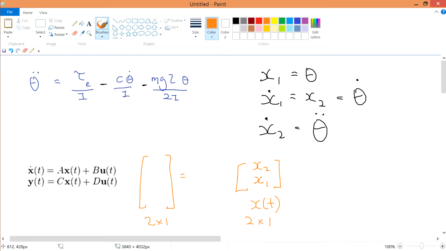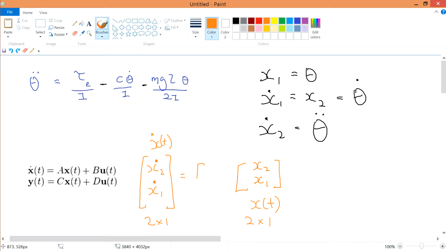So x(t) differentiated one time becomes x dot (t). That's the meaning. If I differentiate x2 one time, I'll have x2 dot, and if I differentiate x1, I'll have x1 dot. This is the same as theta double dot and theta dot, and it is a neater way of writing things.